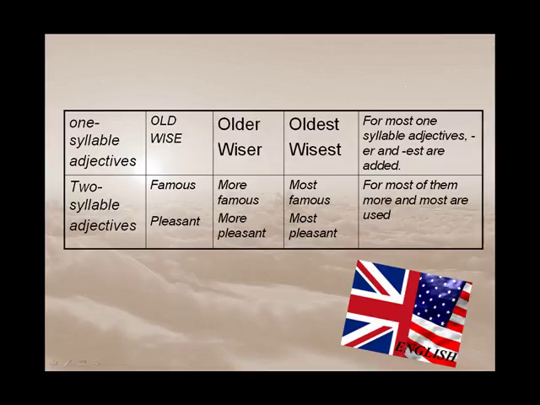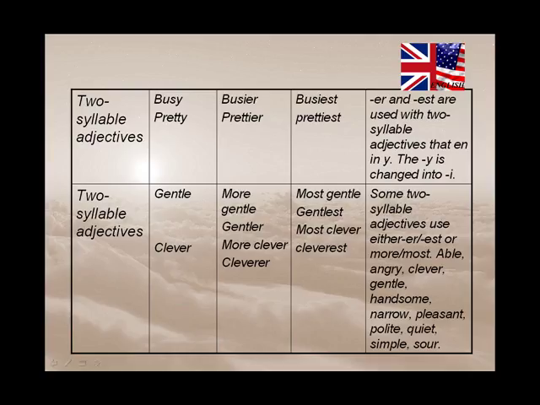Two-syllable adjectives: we have famous, more famous, most famous; pleasant, more pleasant, most pleasant. For most of them, more and most are used. In the case of two-syllable adjectives, we have an exception. There are some words that use just -er and -est, and there are others that use just more or most.